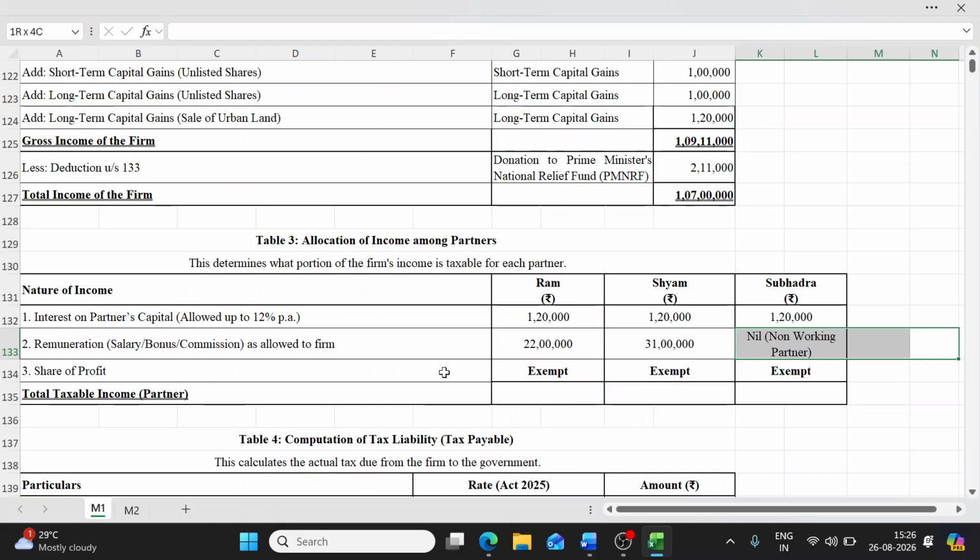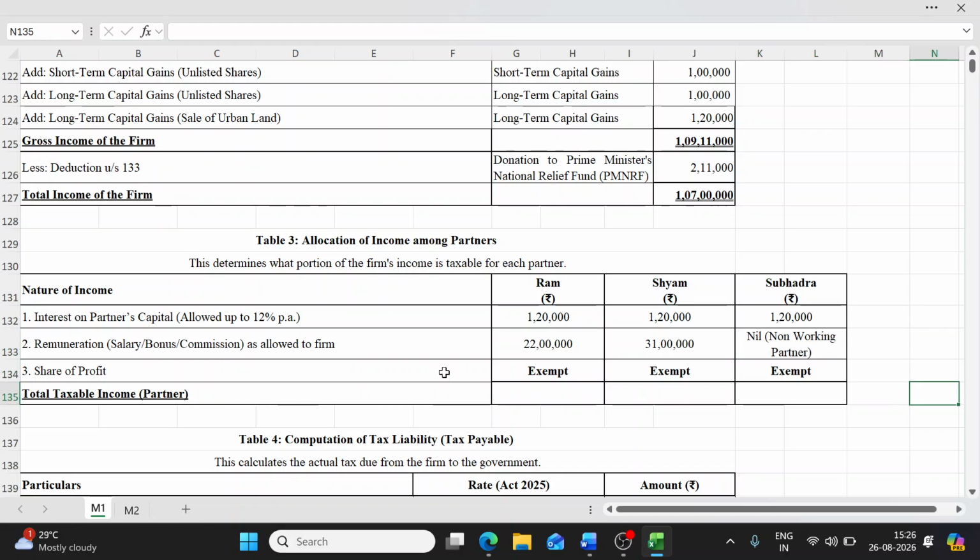And as it has not received the deduction, its income has increased, and on its increased income, it will pay flat income tax at the rate of 30%. And double taxation is not allowed. That's why Subhadra is free from paying any tax, though she has received a remuneration from the partnership firm.